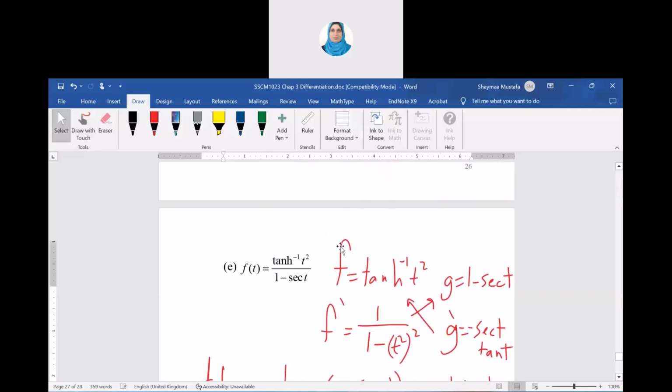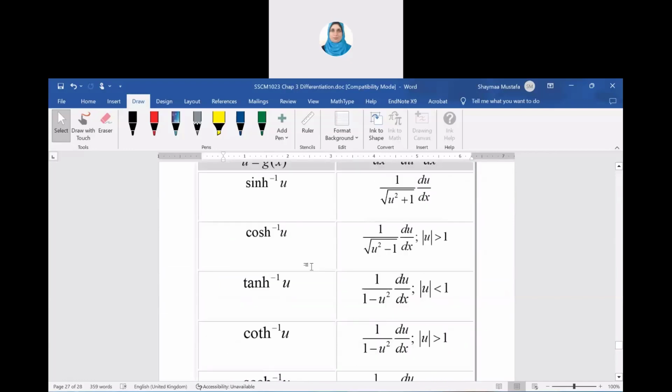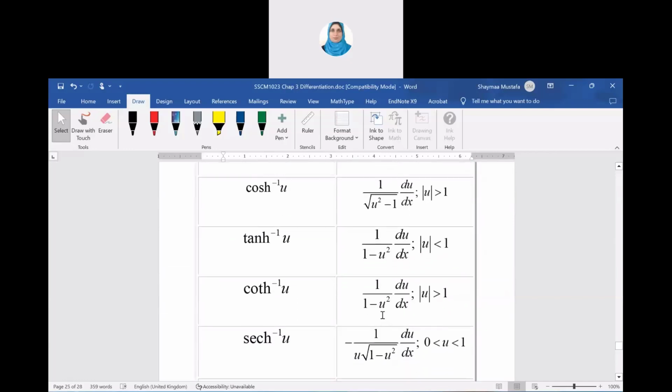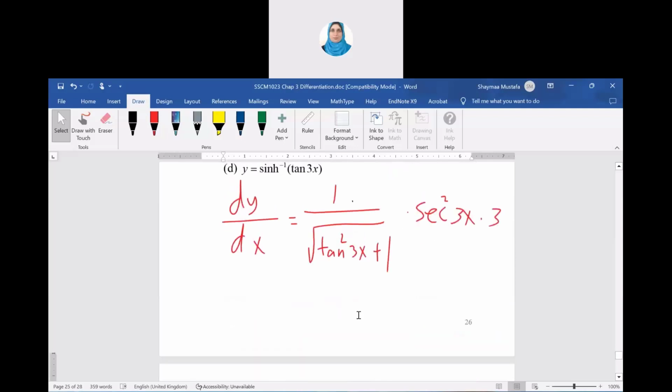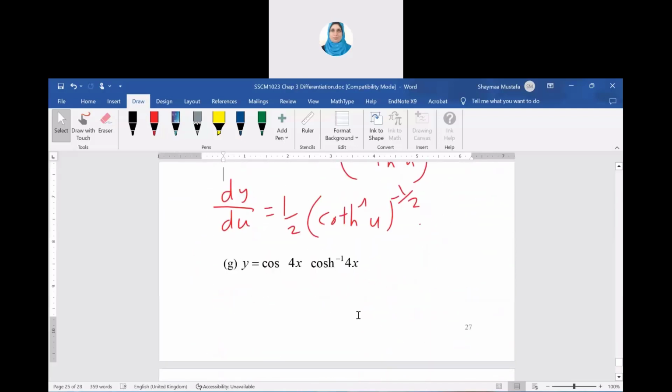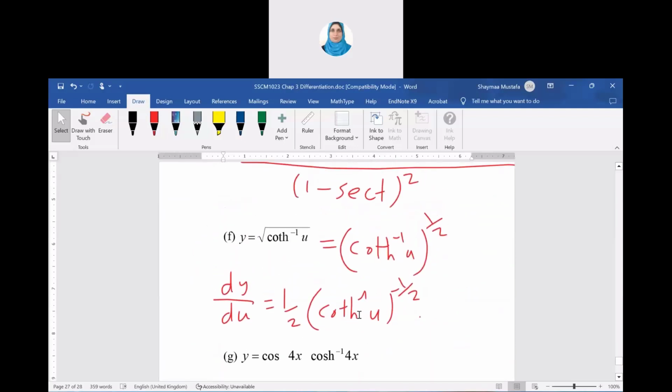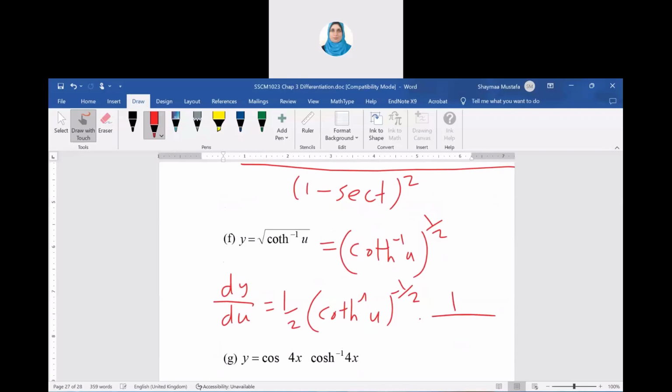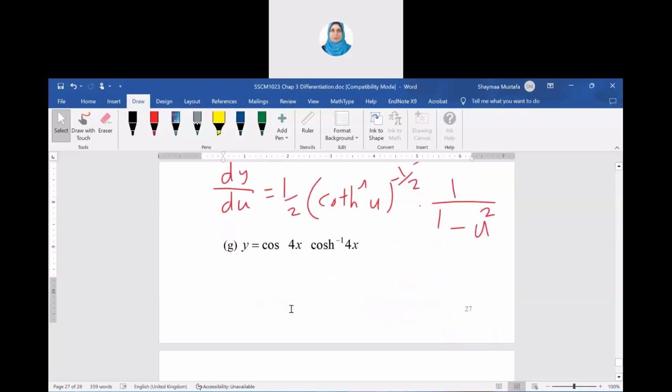Now multiply by the derivative of cos inverse u, which is 1 over 1 minus u squared. So start from the power function first, keep the function inside unchanged, then multiply by its derivative.